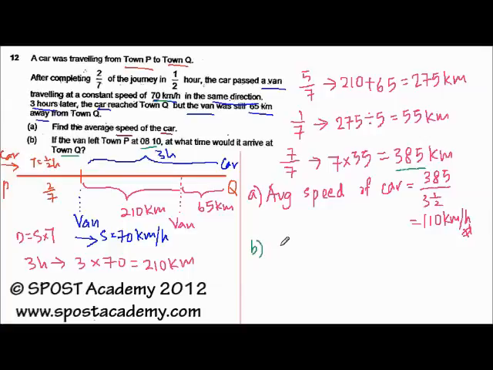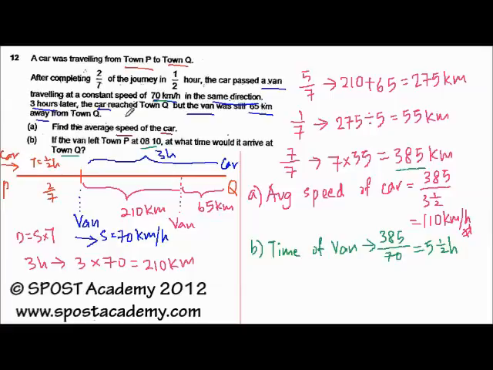So we need to find the time taken by the van to reach town Q. So time of van is the distance, which is again 385, divided by the speed, which is 70. And the van would take 5.5 hours to reach town Q.